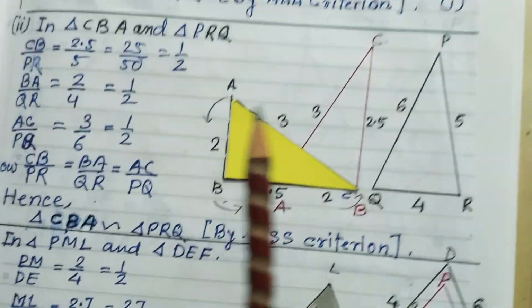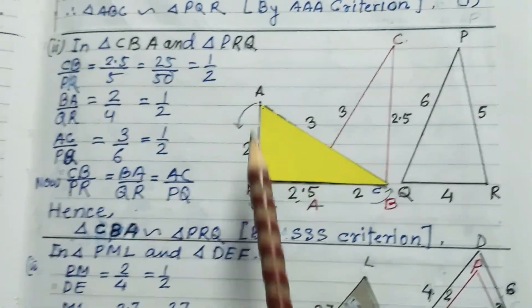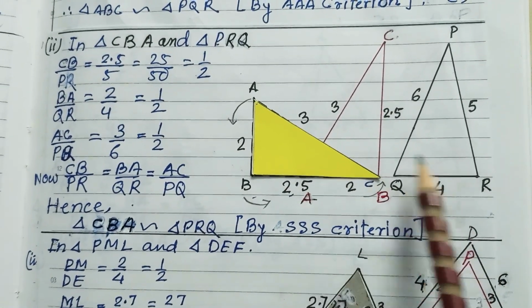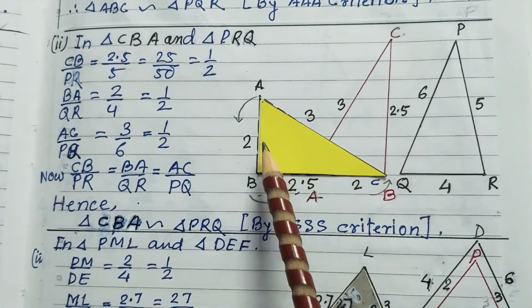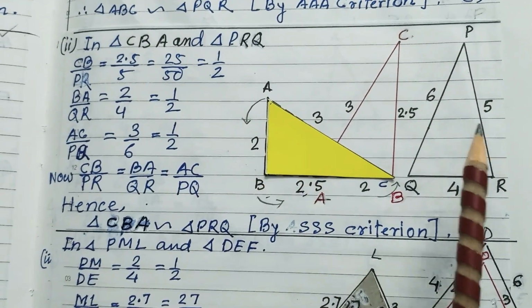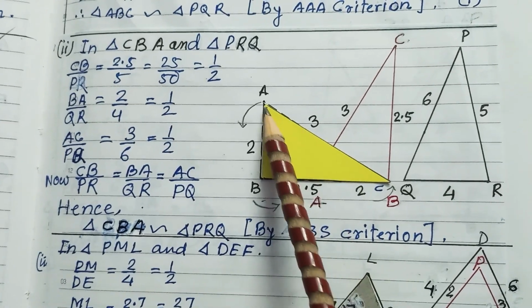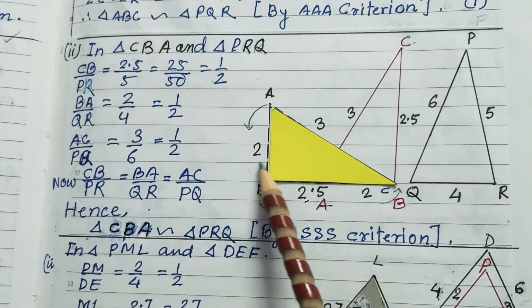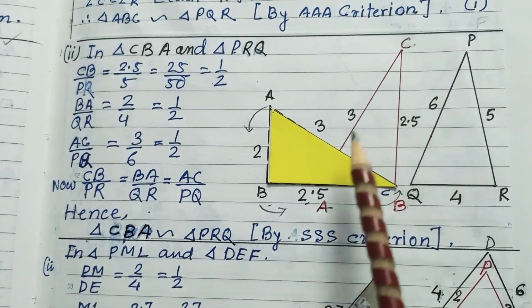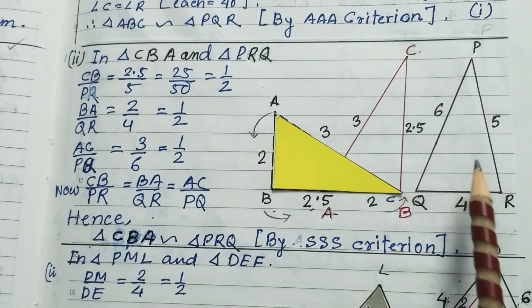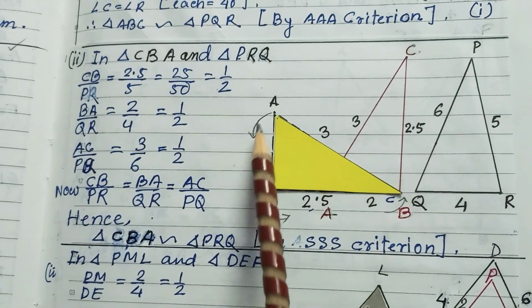Next, triangles ABC and PQR are given. Check these two triangles. Here, the sides are given. AB is 2, but here it is 6. You have to change it according to this triangle. So for that, check this arrow sign.